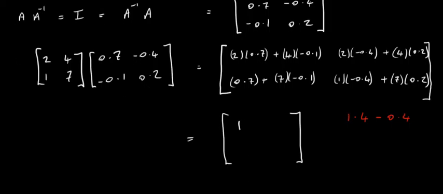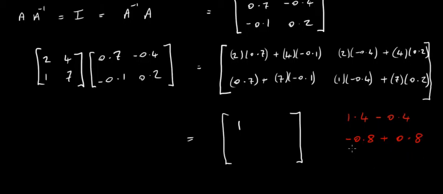So that's a good sign so far anyway. Now what about this one here? Okay. So I have 2 times minus 0.4, so that's just going to be minus 0.8. And here I end up with plus 4 times 0.2, and that will give me plus 0.8.